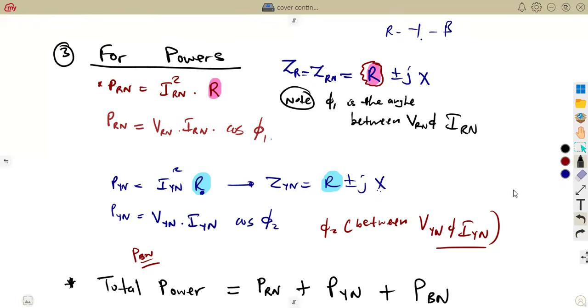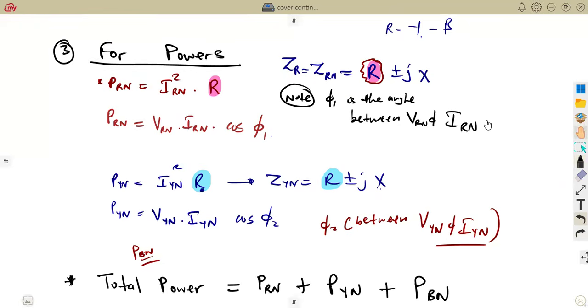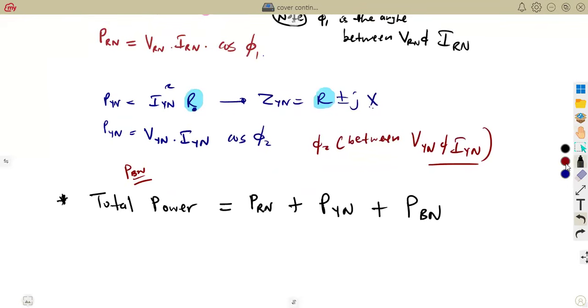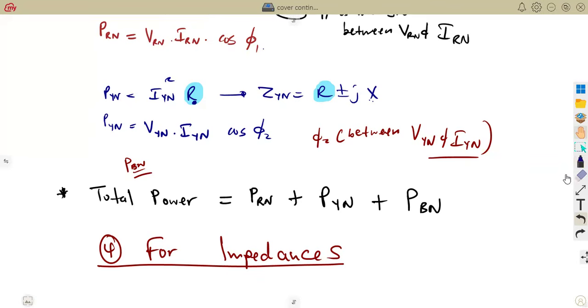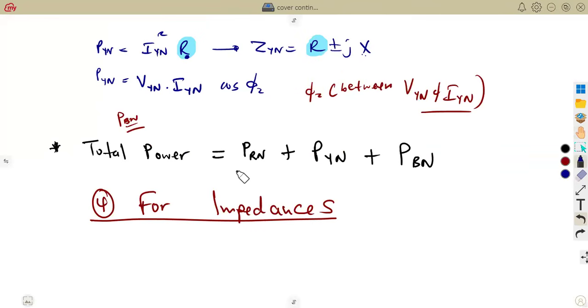All right. Then the last part is of the impedance. For impedances, I'm not going to talk much because already we saw that the impedance is different, guys. For each phase that we have for unbalanced loads, the impedance of each phase is not equal.